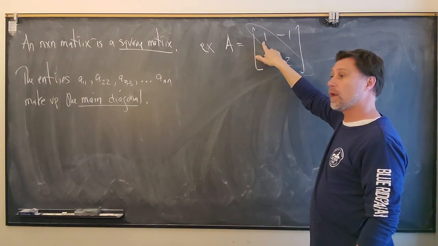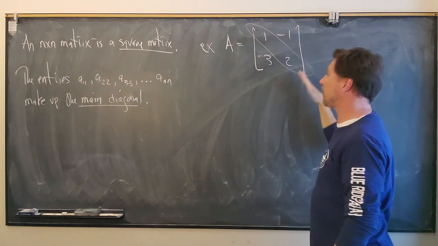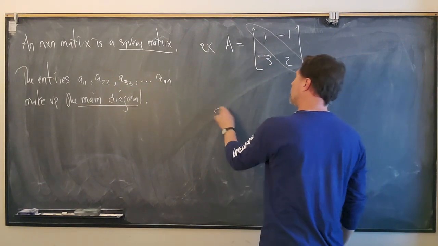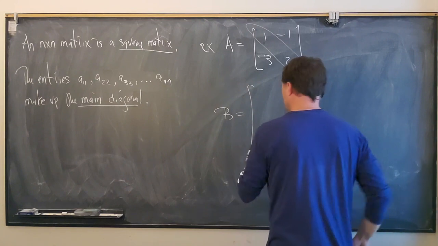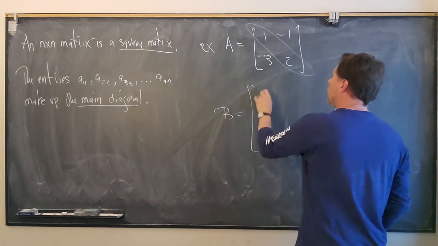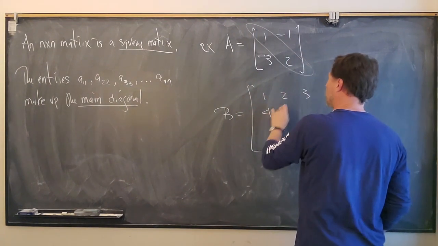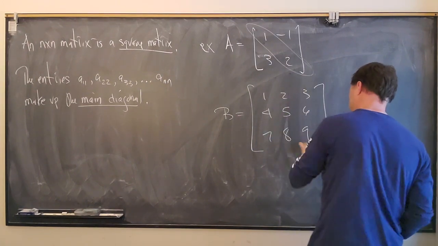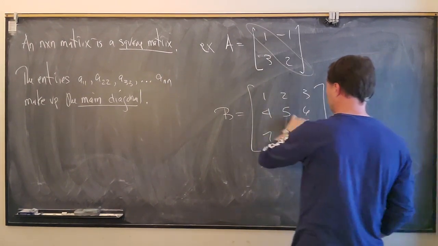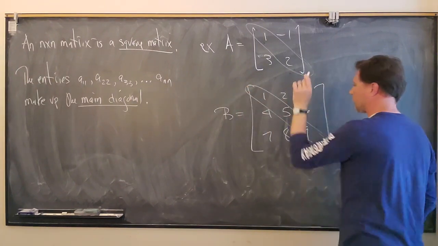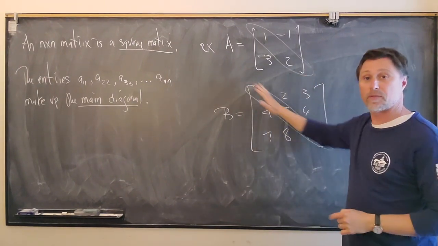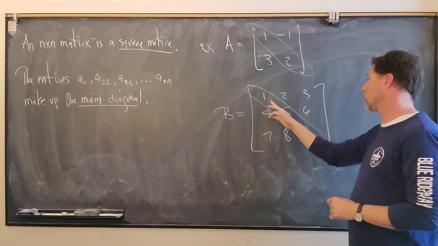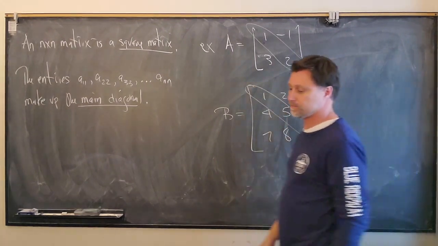So A11 and A22. There's the main diagonal in that case. Here's another one. So B, let's do a 3 by 3. 1, 2, 3, 4, 5, 6, 7, 8, 9. The main diagonal then is right there. It's the one that runs from the upper left to bottom right. And the entries along there, 1, 5, 9 in this case.